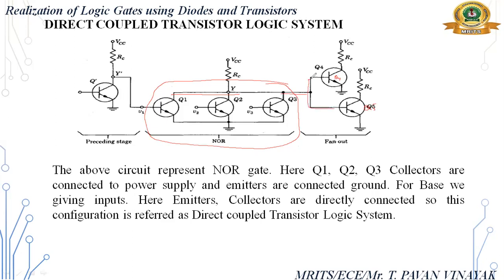And those bases are joined to each other. So whenever we give a low voltage here, Q4 will go to the saturation region, but Q5 does not go to the saturation region.